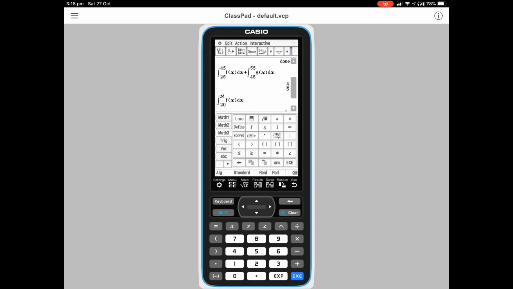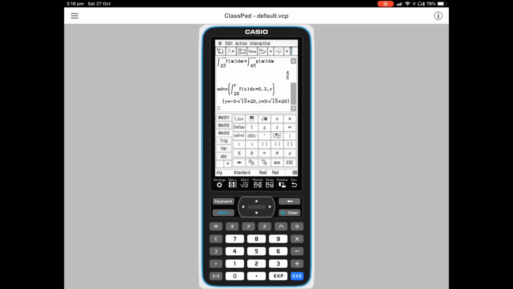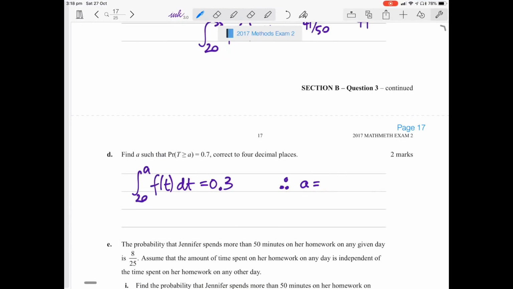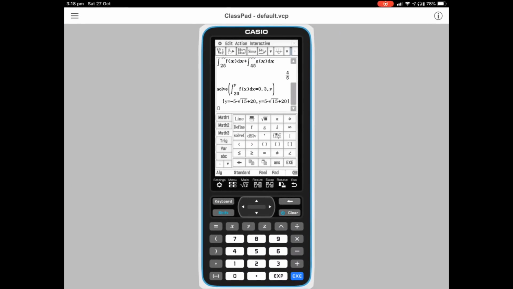So let's go from 20 to y of f of x dx equals 0.3, and solve for y, correct to 4 decimal places.